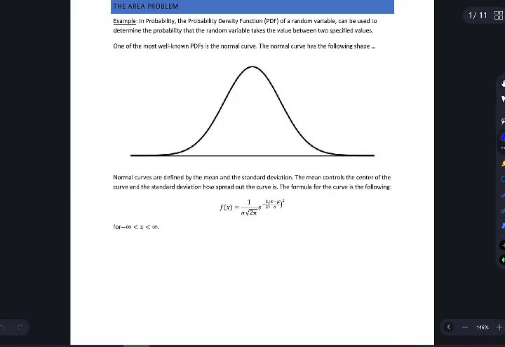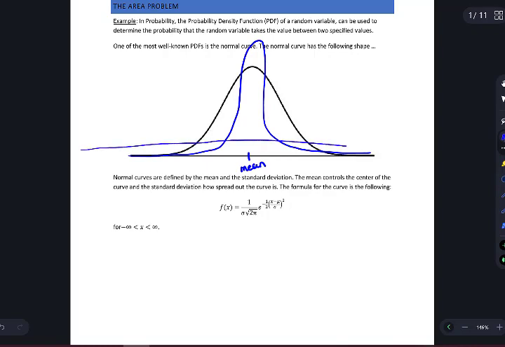With a normal curve, the mean occurs right at the center. The standard deviation controls how spread out it is. You can have some normal curves where most of their mass is right above the mean, or you could have other normal curves that are really far spread out.